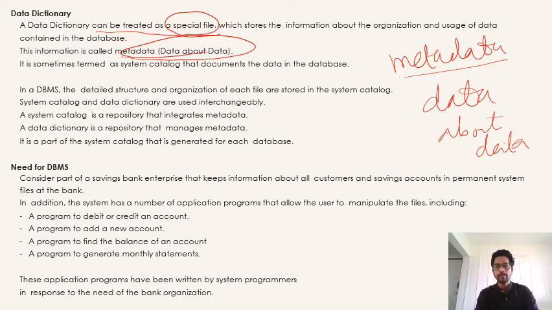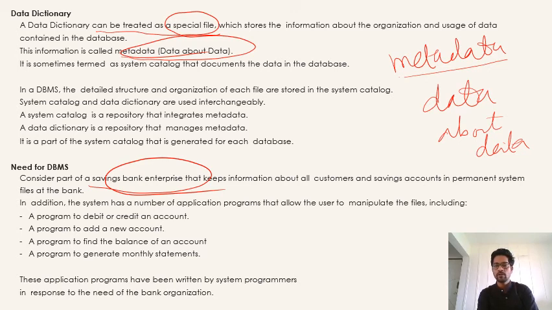As an example, consider a savings bank account. In the bank account we have information related to your account number, IFSC code, and the account holder's name.